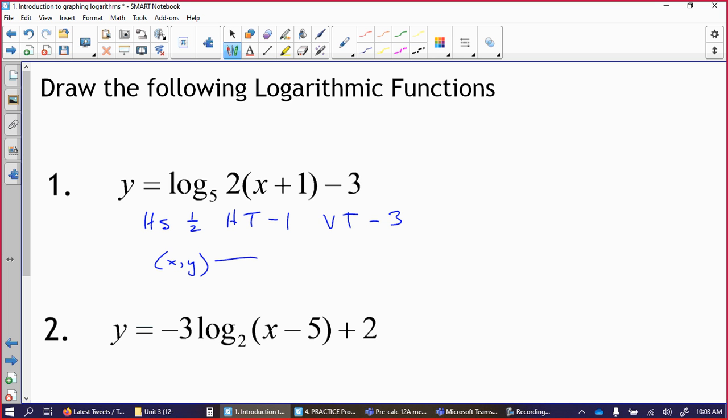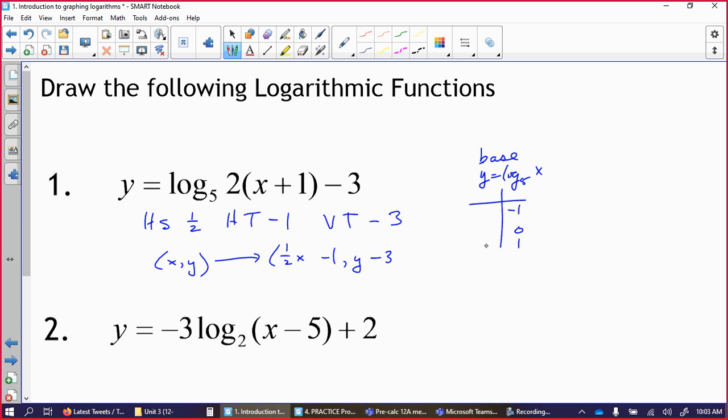So it would have a mapping rule of (1/2)x - 1, y - 3. Base function is log base 5 of x.